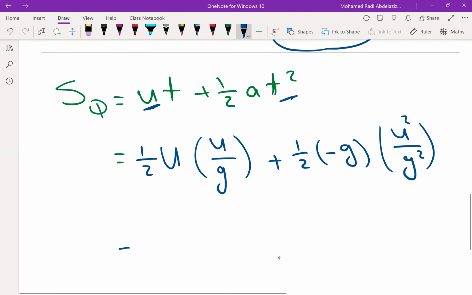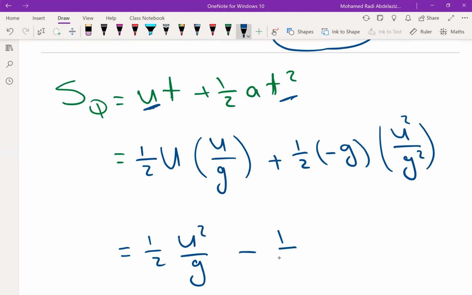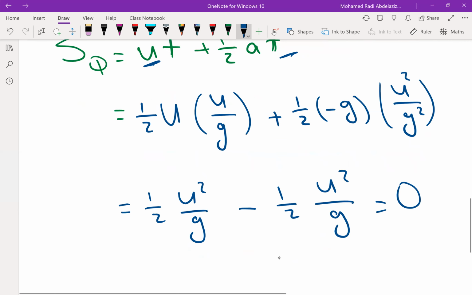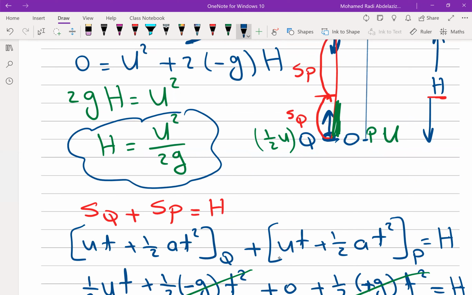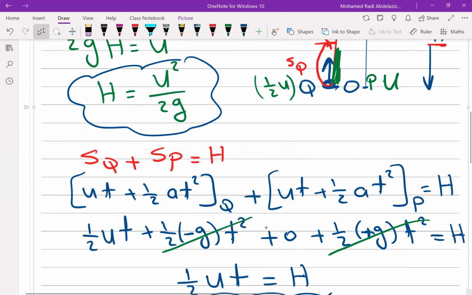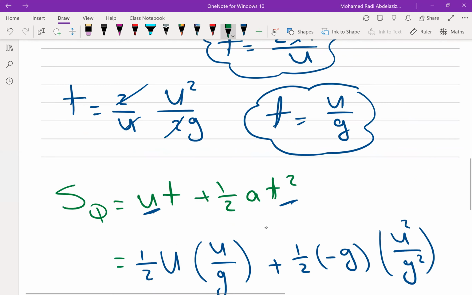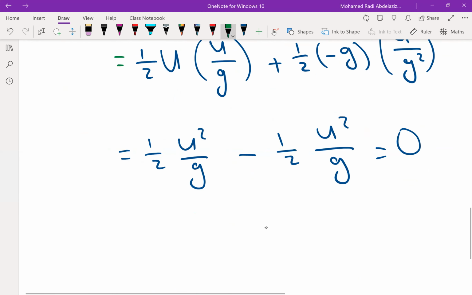Simplify: half u squared over g minus half u squared over g. So the answer is 0. This means s of Q is 0, so they meet at O. So the two particles collide at O, the initial position. That's it. Thank you.